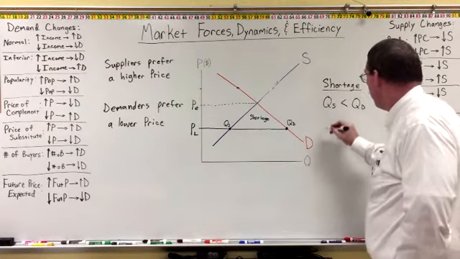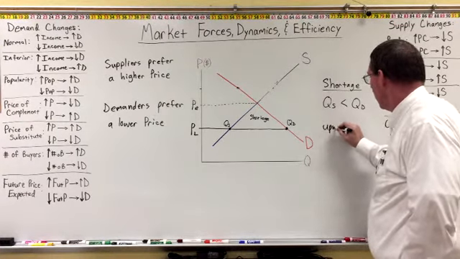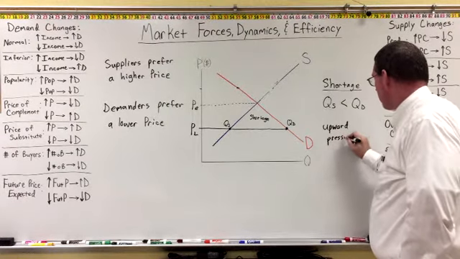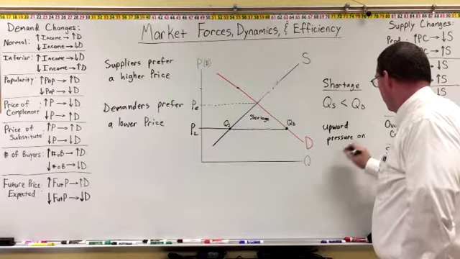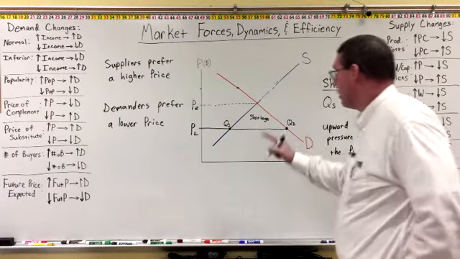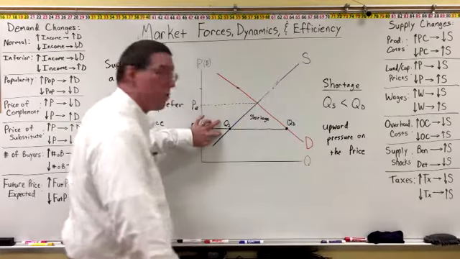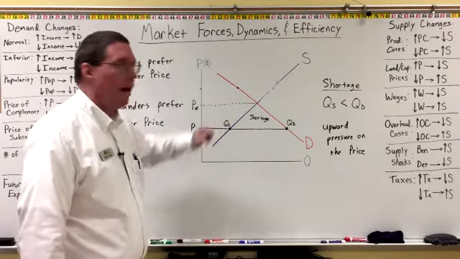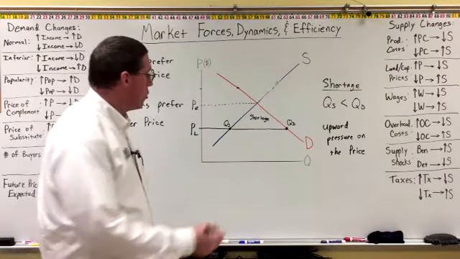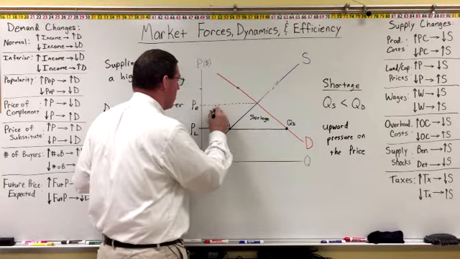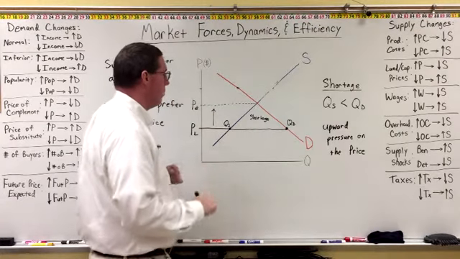So here's where the suppliers wind up having power. Suppliers are going to put upward pressure on the price in the market. Because what the suppliers are saying is, look, if you want more, we will make more at a higher price. So there's upward pressure on the price to return to equilibrium.